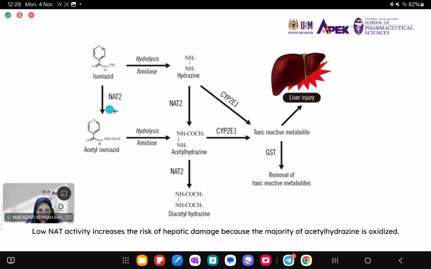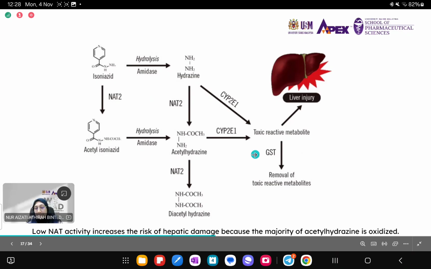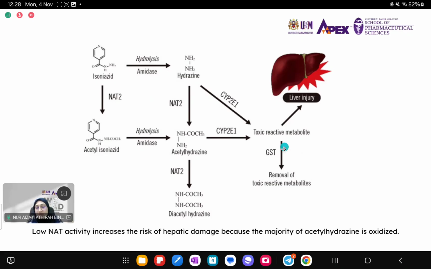So NAT2 enzyme is important in the metabolism of isoniazid into non-toxic metabolite lah. Bukan non-toxic, maksudnya it leads to the metabolism of isoniazid into the toxic reactive metabolite, but then it will require further metabolism by GST and also NAT2 juga untuk jadikan toxic.